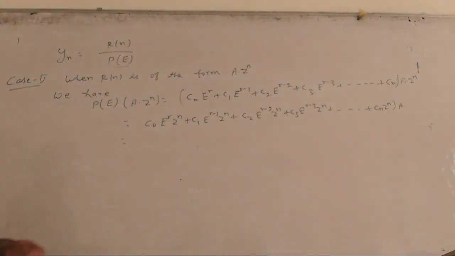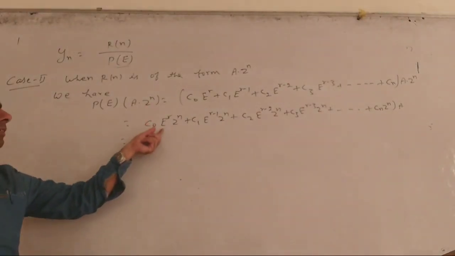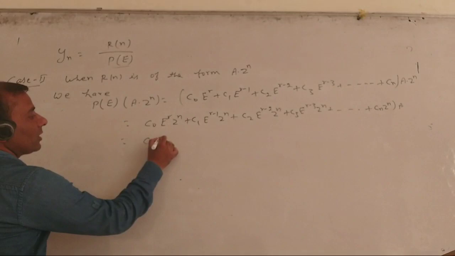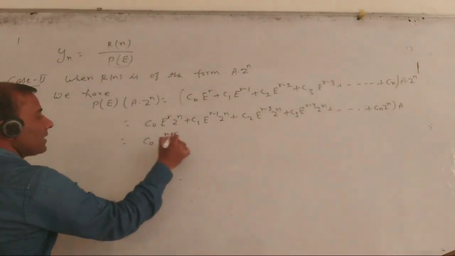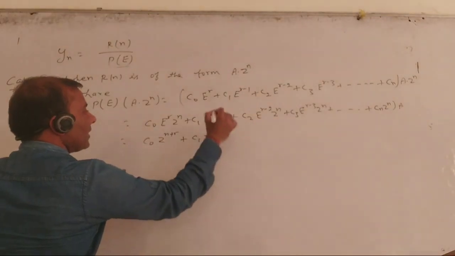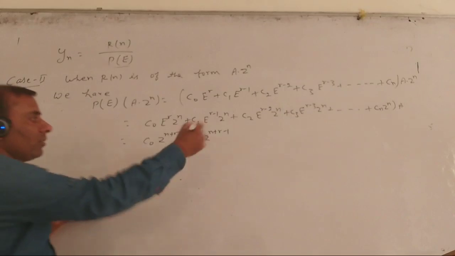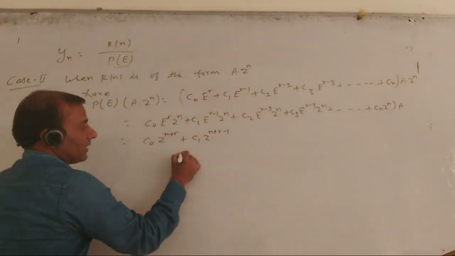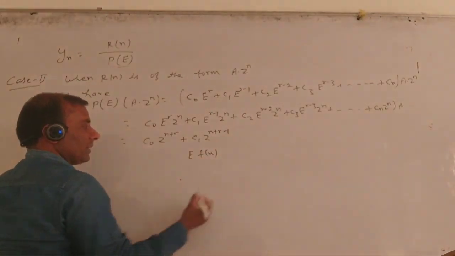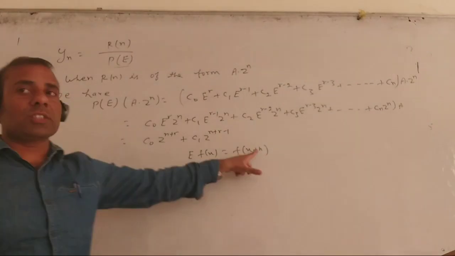Now from our previous theorem, E^r into Z^n means we just have to give an increment in n, that is it becomes C0 Z^(n+r) plus C1 Z^(n+r-1). If students you have any problem, then we can also understand this: if we have function f(x) and if we have operated E, then it will give f(x+h), where h is an increment.